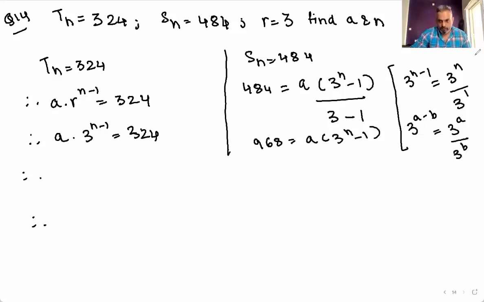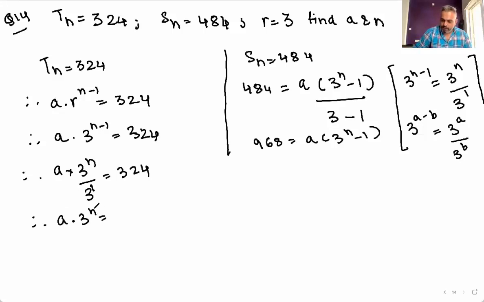So the same rule we follow over here. Now a into 3 raised to n upon 3 raised to 1, which is 3, is equal to 324. So therefore a into 3 raised to n is 324 into 3, which is equal to 972.